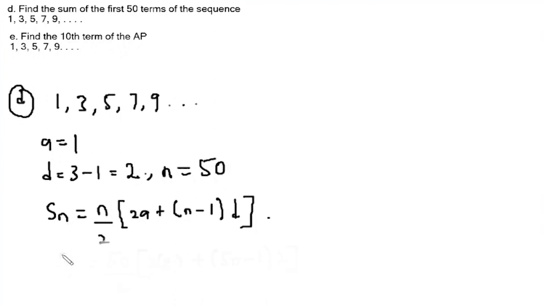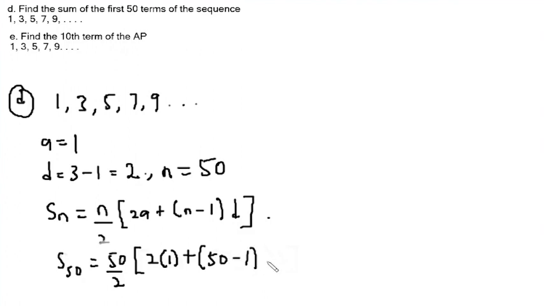So we can simply say S of 50 is equal to 50 divided by 2, open bracket, 2. Our A value is 1. So substituting that, we have 2 times 1 plus, open bracket, 50 minus 1, close bracket. And then D value is 2. S of 50 is equal to 50 divided by 2 is 25, and then open bracket, 2 times 1 is 2 plus 50 minus 1 is 49 times 2, we have 98.